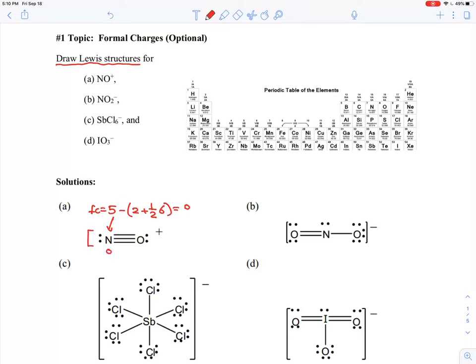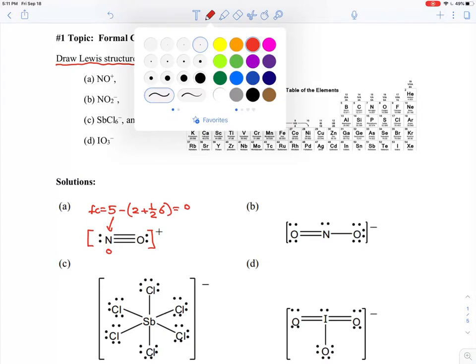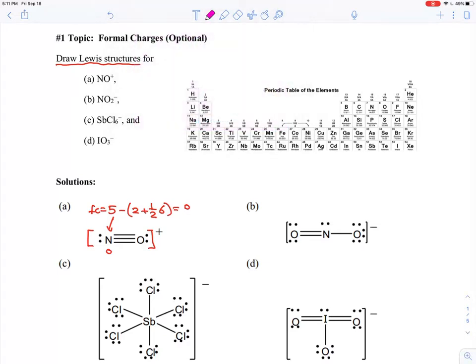And as you already know, this is a plus 1 charge, so you can speculate that this one must be plus 1, because the formal charge of a molecule is essentially just a simple charge.